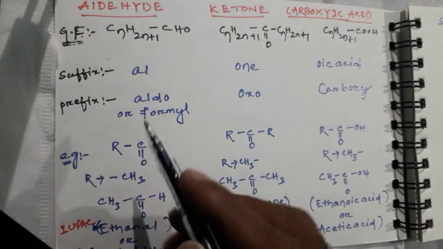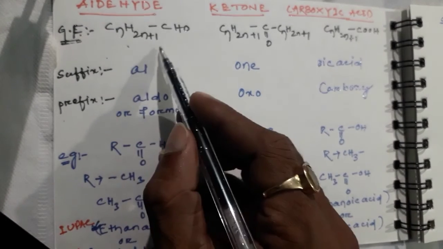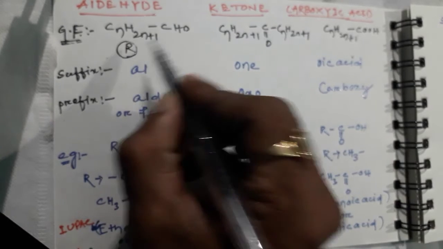GF means general formula, and the general formula of aldehyde is CnH2n+1 means one alkyl group, and then CHO.